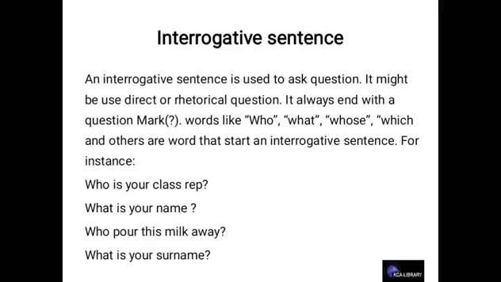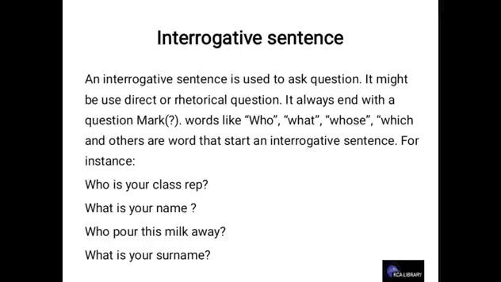So now moving on, we have the interrogative sentence. Just as the name implies, an interrogative sentence is used to ask questions. It might be used to ask direct or rhetorical questions. It always ends with a question mark. Words like who, what, whose, which, and others start an interrogative sentence.